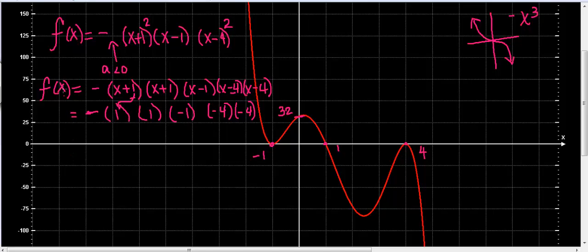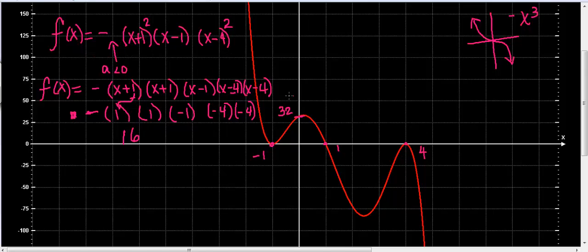And this is not equal to that, I'm just calculating. So negative 1 times negative 1 times negative 4 times negative 4, you get positive 16. So this would be my y-intercept. My y-intercept would be positive 16. That's if I leave this polynomial as it is right now.